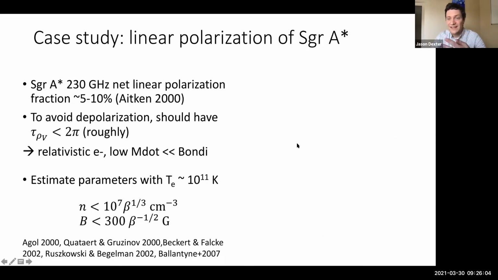Okay, the other case of internal Faraday rotation is also very useful for the galactic center. So this actually came before the discovery of the Faraday rotation. And the argument here is that there was a discovery published in Aitken et al. 2000 that there's a 5 to 10% net linear polarization fraction, so integrated over the source, 5 to 10% linear polarization seen from Sagittarius A star.